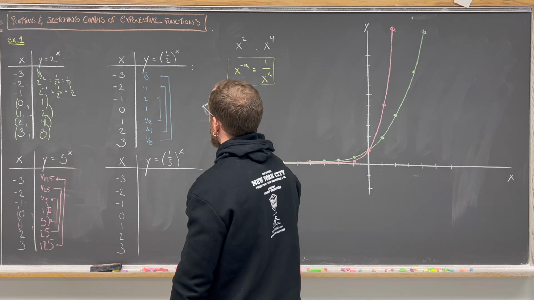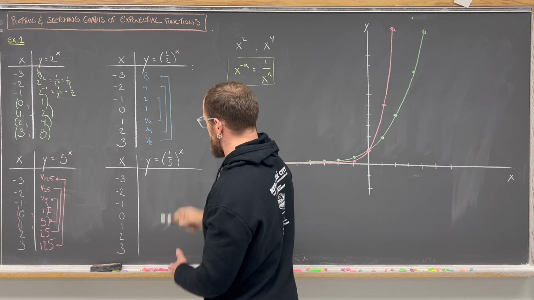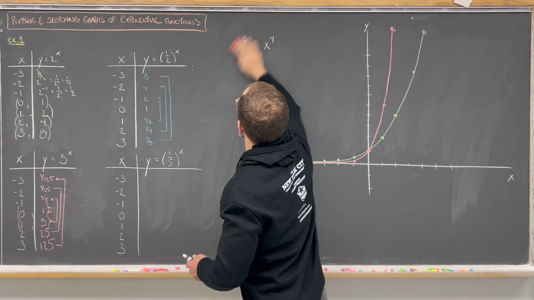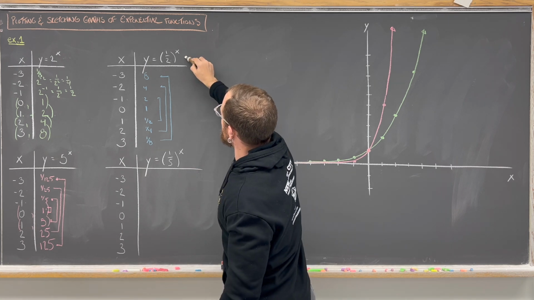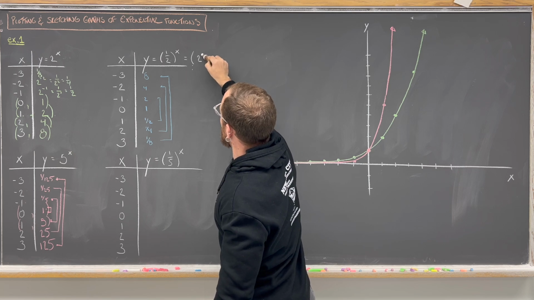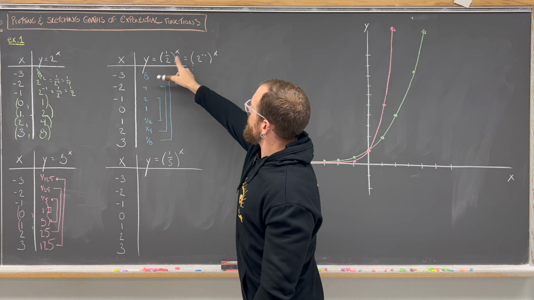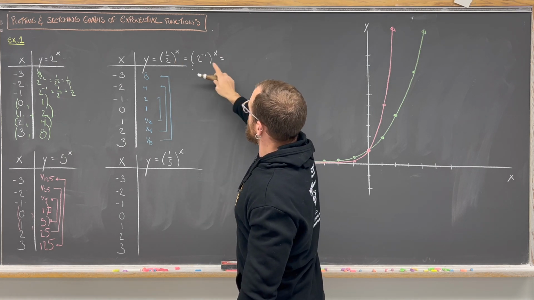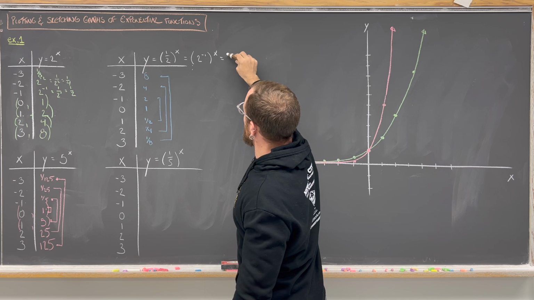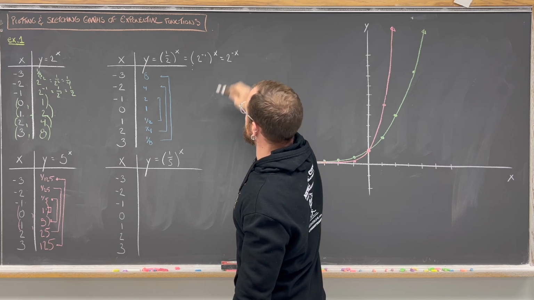That is to say that this function of 1/2 to the x, let's just make note, that is 2 to the negative 1 to the power x, right? 1/2 is 2 to the negative 1. And the rule for exponents says to multiply these together, so I get 2 to the negative x.